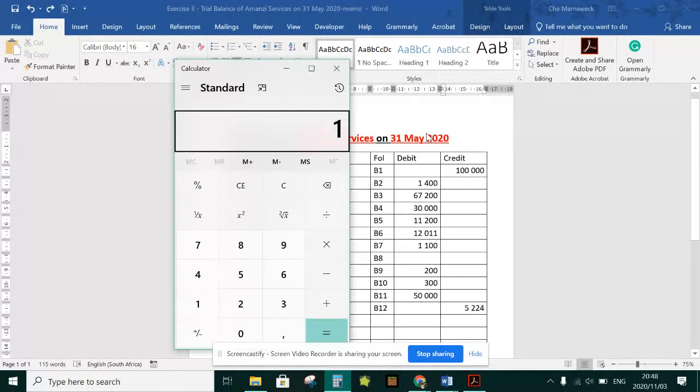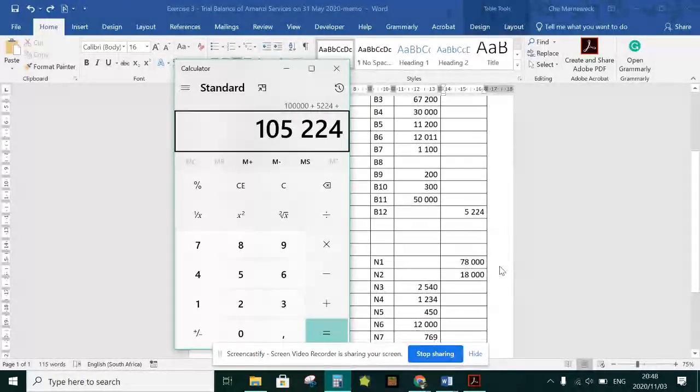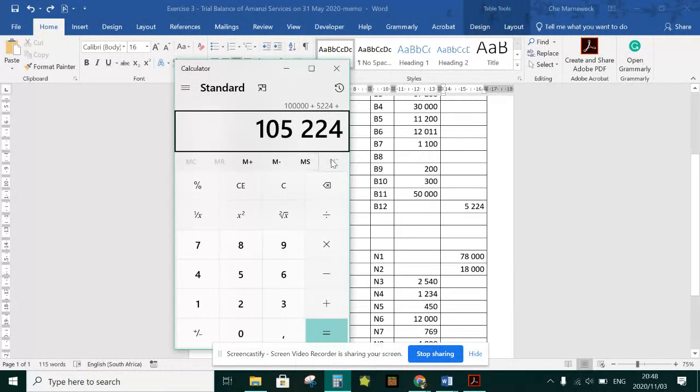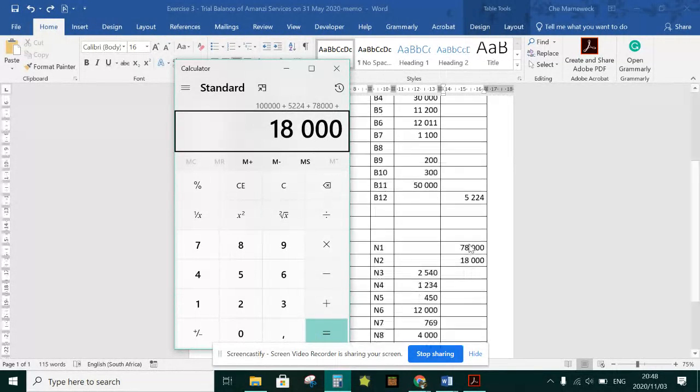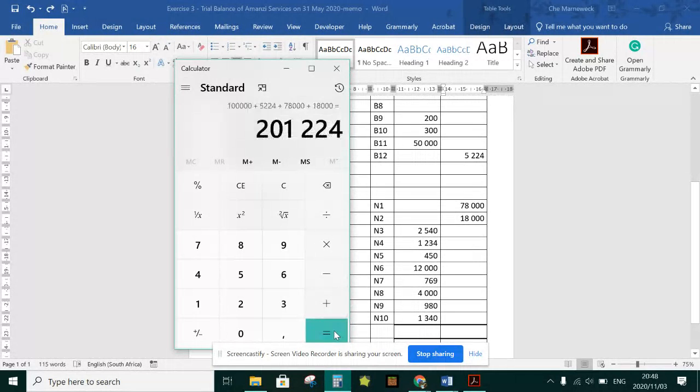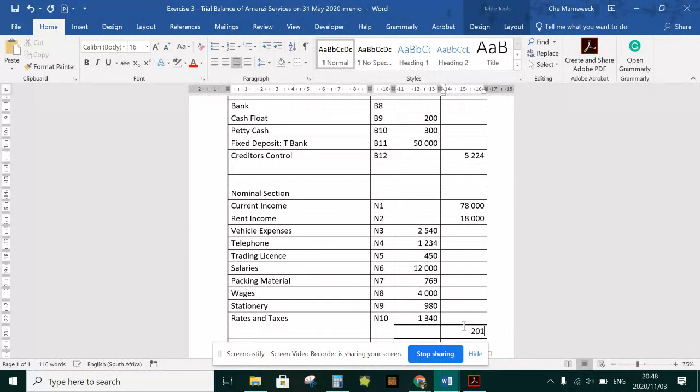and we start, we've got 100,000 plus 5,224 plus 78,000 plus 18,000, nothing else in credit, equals 201,224.